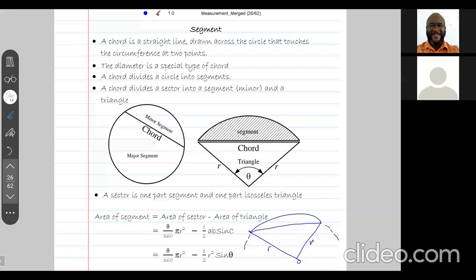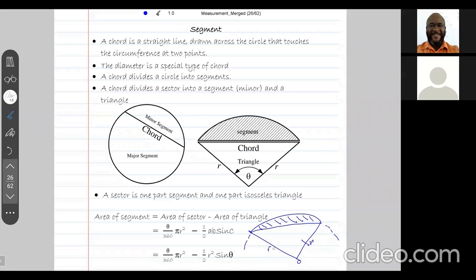The chord divides the circle into 2 segments, but the chord divides the sector into a segment and an isosceles triangle. Why isosceles?